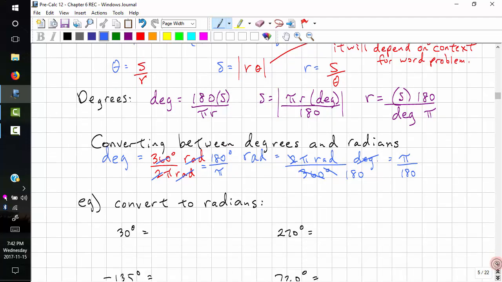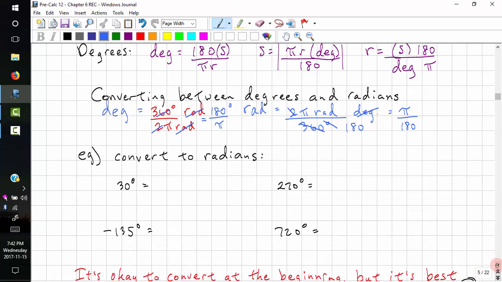Okay, let's try some examples. 30 degrees, we want to convert it to radians, so we use this formula. We have 30 degrees times pi radians over 180 degrees. We need degrees here. And we get pi over 6 radians. 18 divided by 3 is 6.